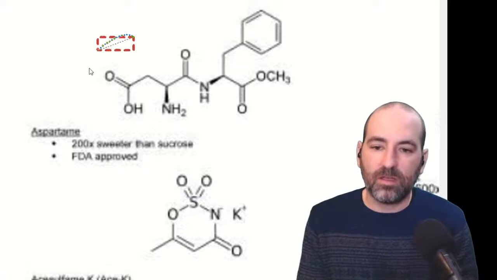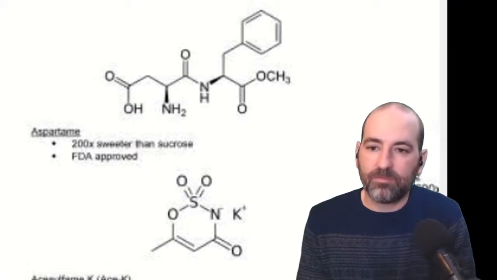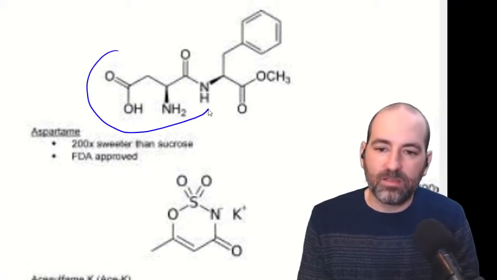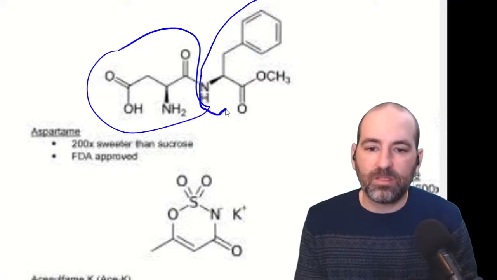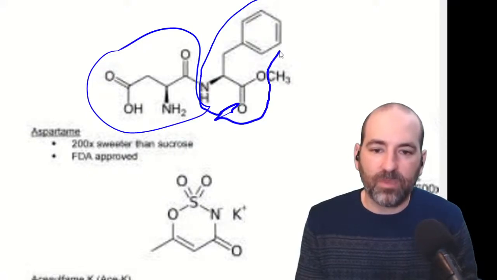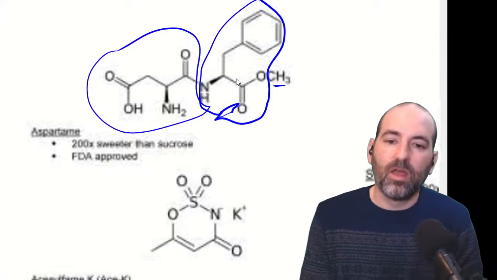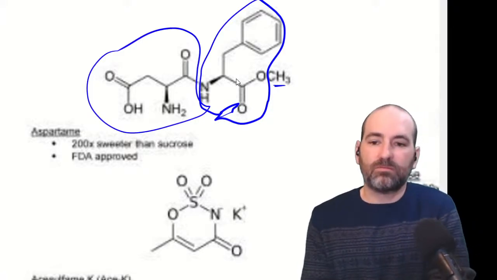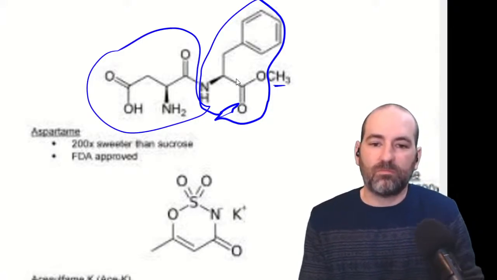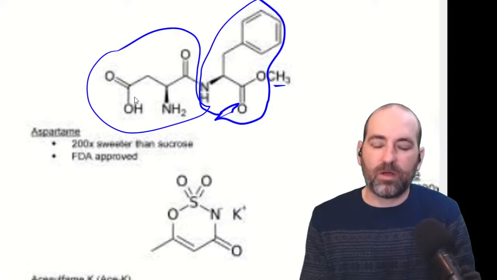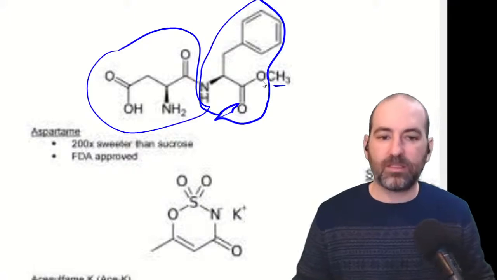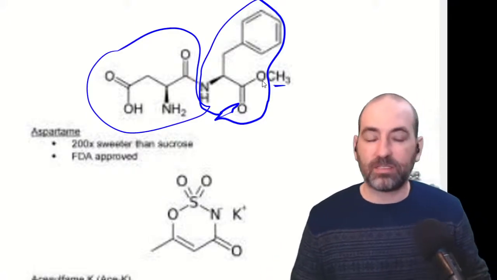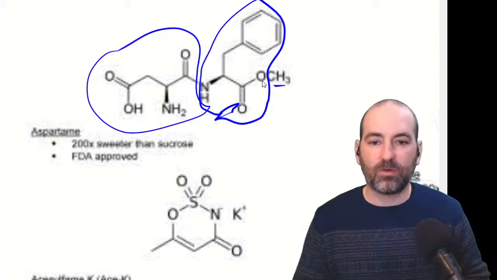This over here is aspartic acid, which is an amino acid. And this part over here is phenylalanine, which is an amino acid. And there's also this little extra methyl part, so it's methyl phenylalanine aspartic acid. You've got these two amino acids linked together, and it just happens that this combination of amino acids tastes very sweet to us. And that's why this thing works.